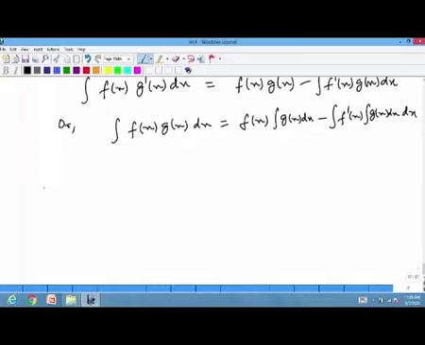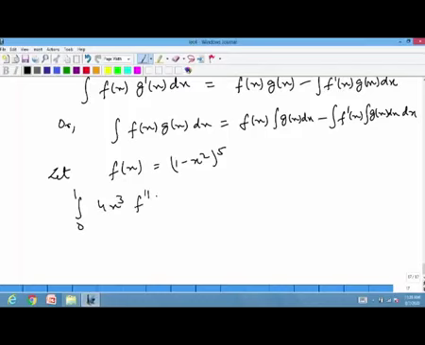So, let us write f(x) equal to (1 minus x squared) to the power 5. Then we have to calculate the integral from 0 to 1 of 4x cubed times f double prime x dx.